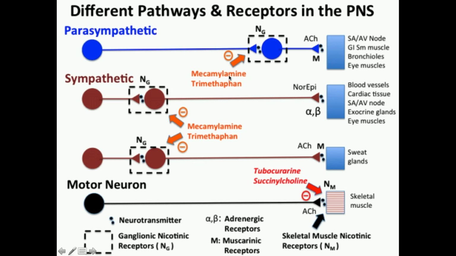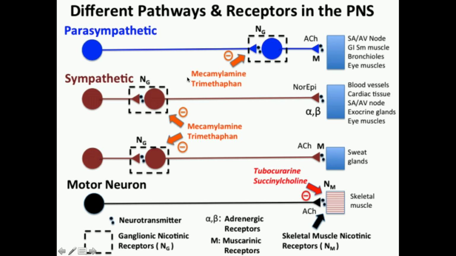There are some drugs that work on the NG receptors, and those drugs, for our purposes, are not super important because they either knock out or they stimulate both the parasympathetic and sympathetic nervous system, so their effect is really a wash.